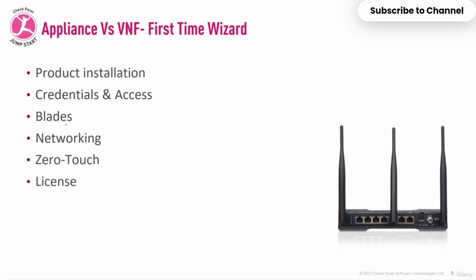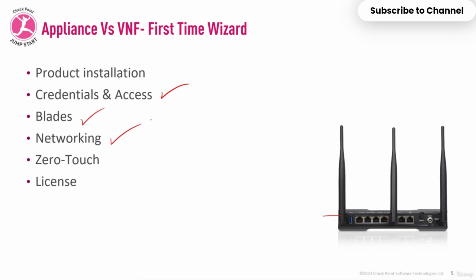First time wizard is something you'll need to do on both appliance and VNF. This is the product installation, so you'll select if you want to manage this device directly or maybe from a dedicated management server. You'll set up the credentials and access to the device. You'll enable the blades you want to have.